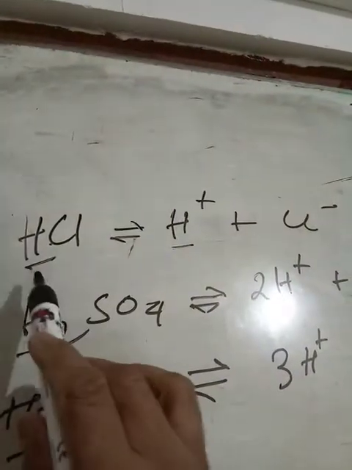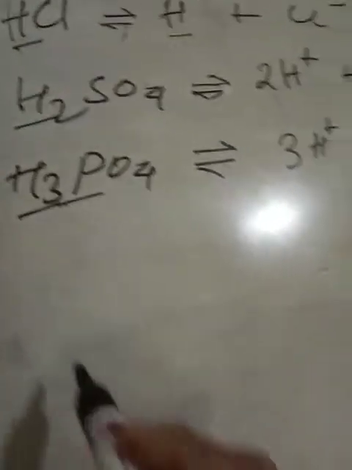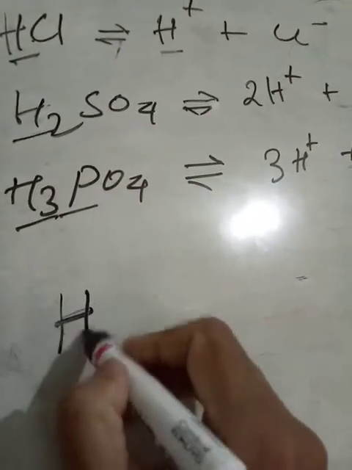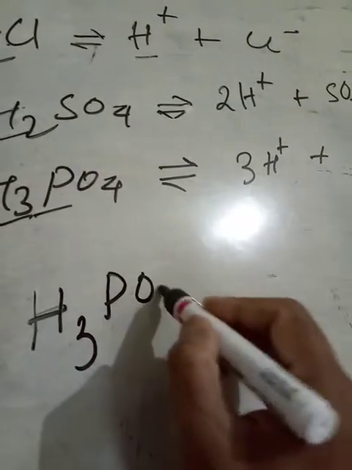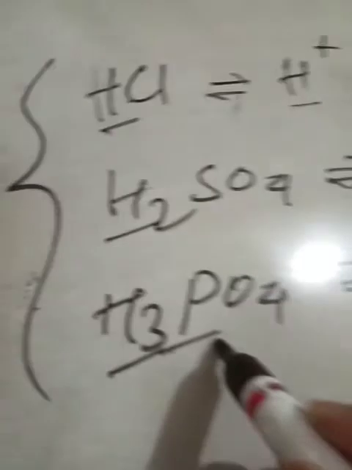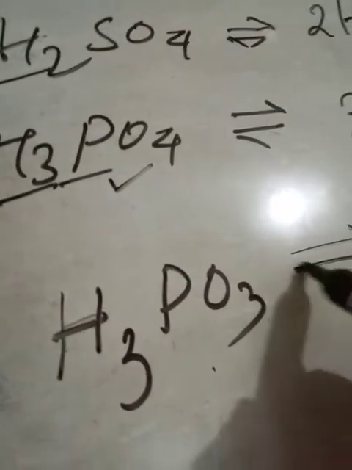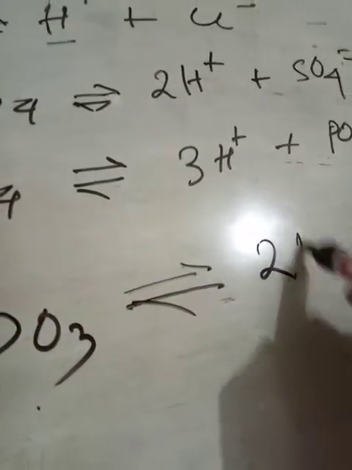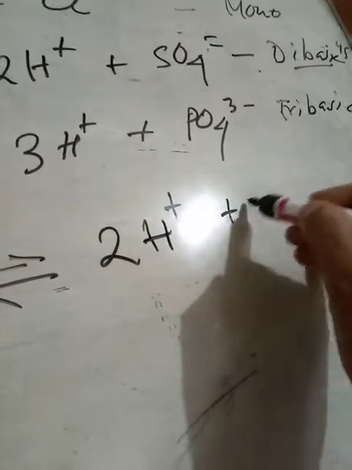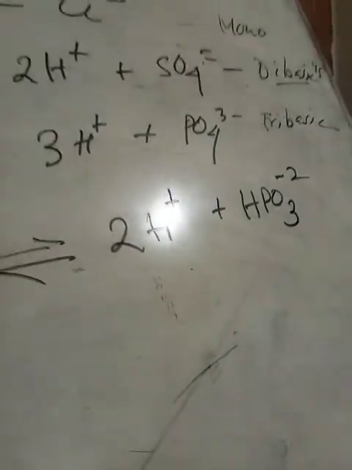It depends on the number of hydrogen ions released. For example, I am giving another acid, phosphorus acid. This was phosphoric acid; this is phosphorus acid. If phosphorus acid ionizes, it produces 2H+ ions and 1 HPO3 minus ion.